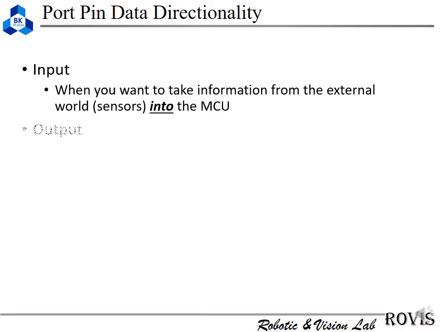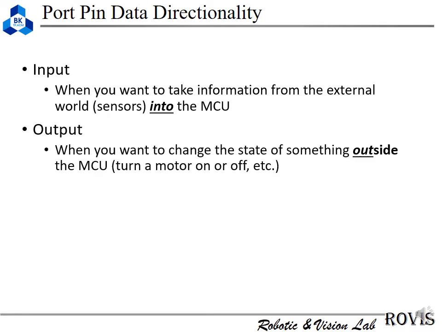Okay, and another definition is output. The output is when you want to change or control something. You want to change the state. What is the state? The state is the logic 0 and 1, right?